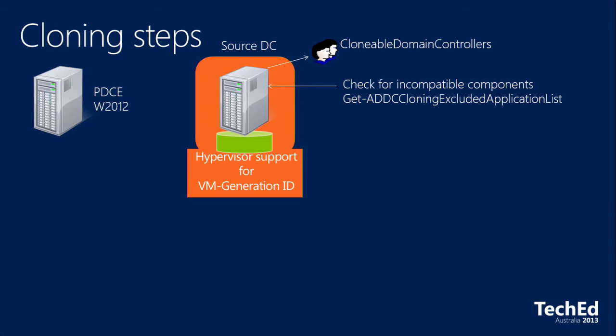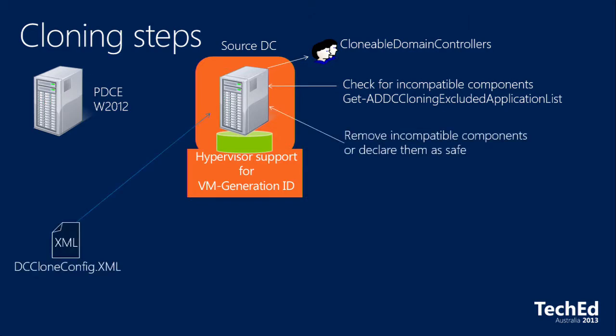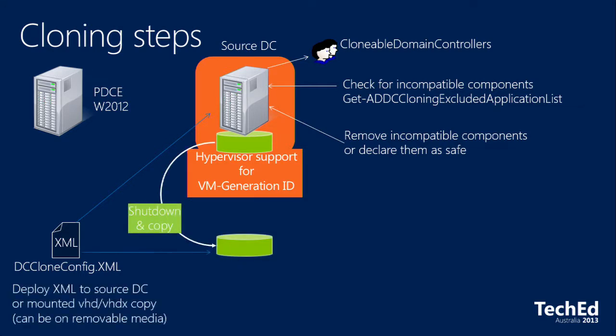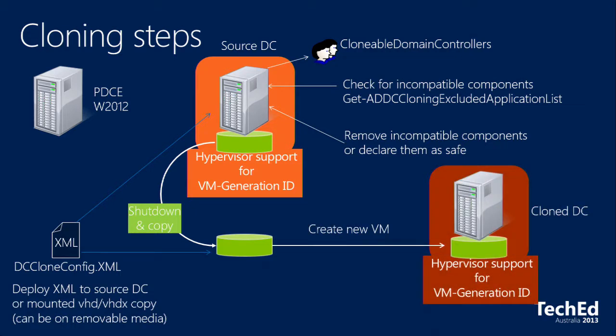First, it checks for any incompatible components, takes them away, and then writes all the information in an XML file. It then shuts down and copies itself. We can then take that now turned off virtual machine hard disk and use it to clone a new domain controller. We can turn the old one back on again.